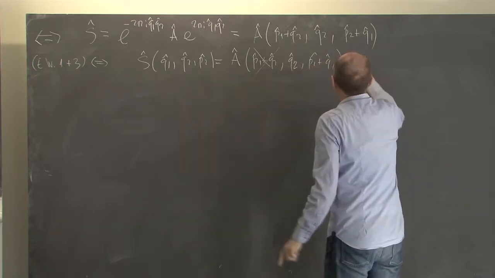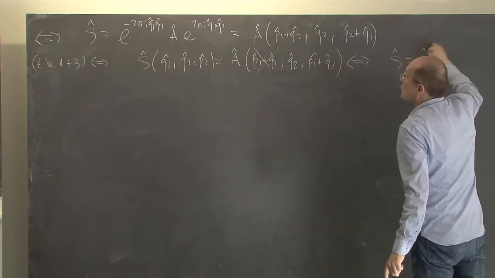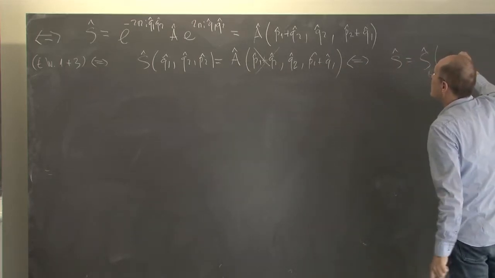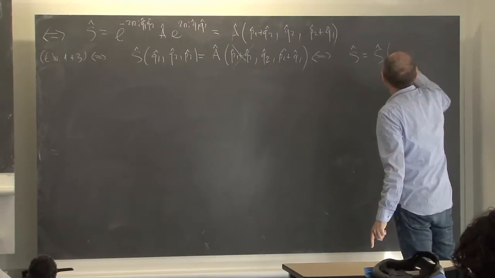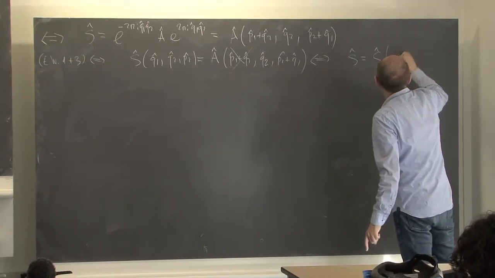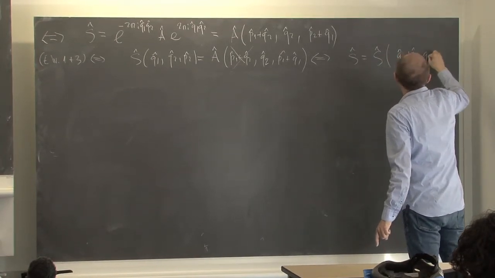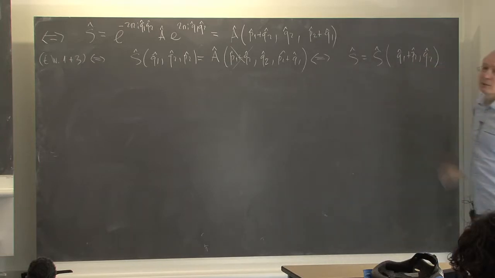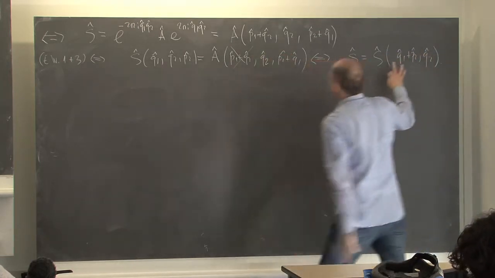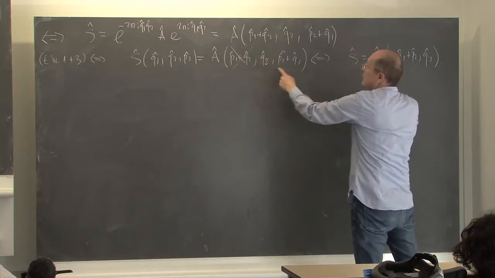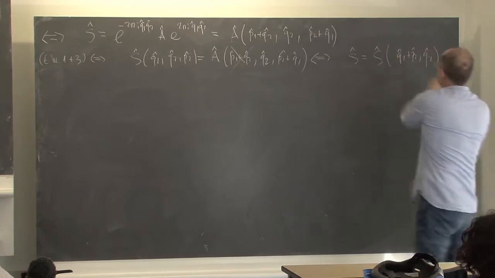So that means that S hat becomes a function of only two arguments, Q1 plus P2 and Q2. Right? The conclusion of this equality is this. So we cross out this, and then we end up with only two combinations.